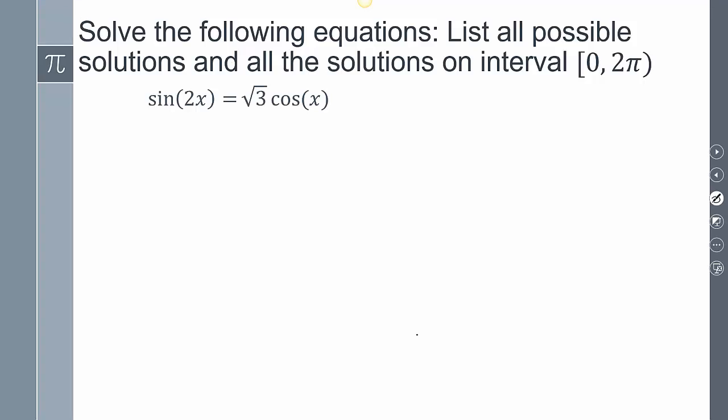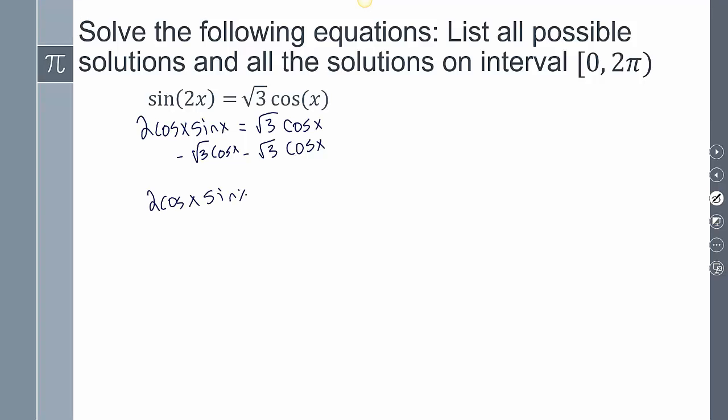This one here, if I use my double angle identity, sine of 2x is 2 cosine x sine x. So if I subtract the cosine on both sides, I'm going to get 2 cosine x sine x minus radical 3 cosine x.